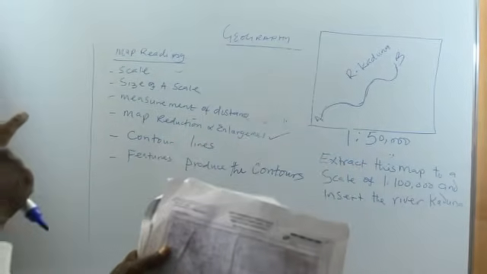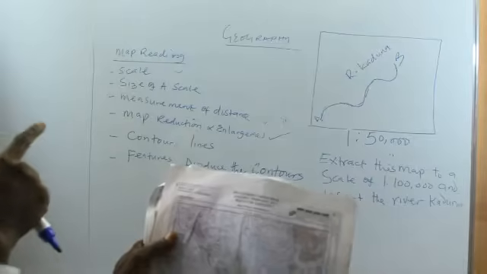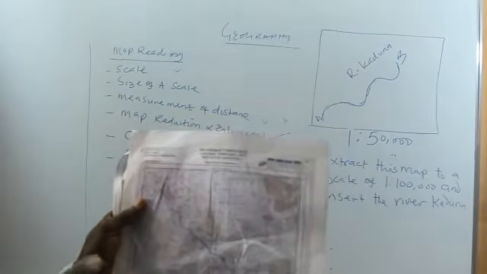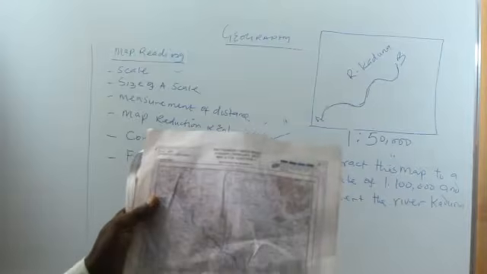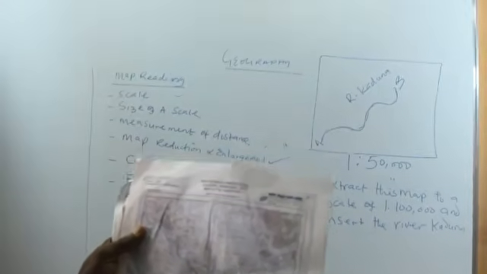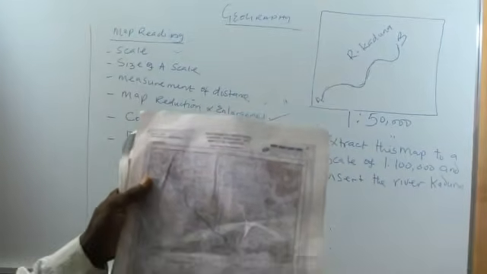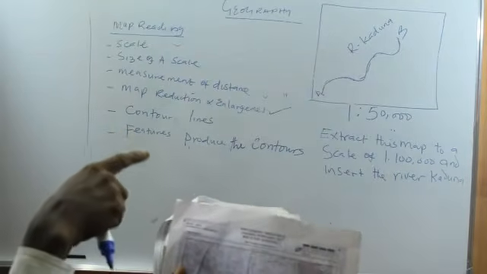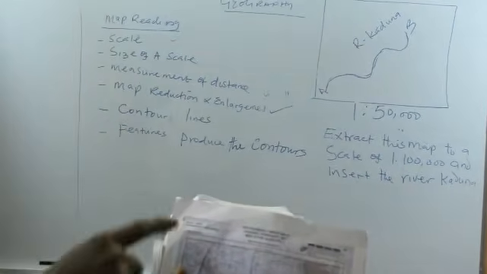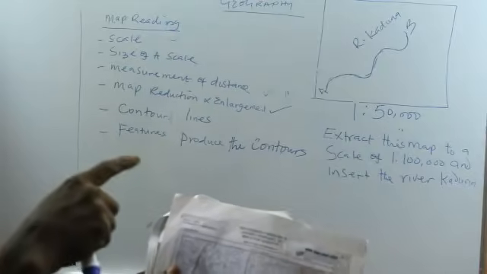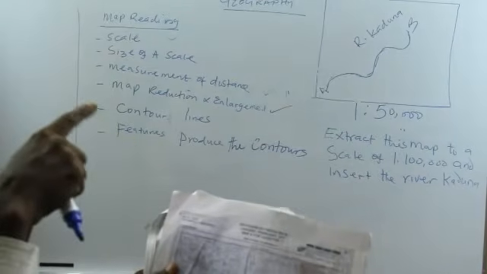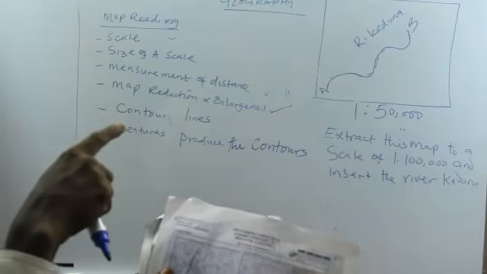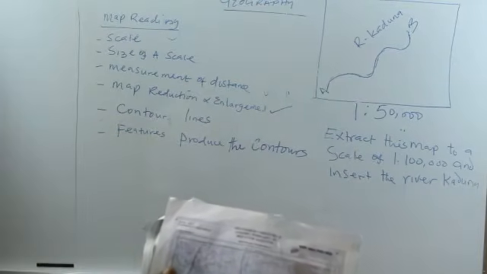Then remember what we said when we were talking about the size of a scale: the larger the scale, the smaller the map. And the smaller the scale, the larger the map. Now, if you compare the new scale given to you, 100,000, and 50,000, you should remember that 100,000 is bigger than 50,000. So since 100,000 is bigger than 50,000, you are going to reduce the map.